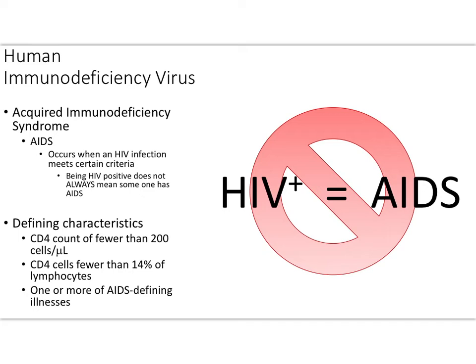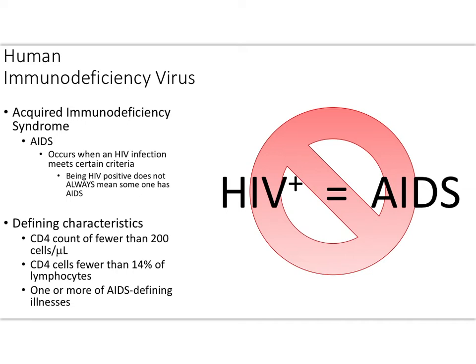But the AIDS-defining illnesses basically are conditions or diseases that people with intact immune systems don't tend to get because their body fights them off very easily. Certain types of AIDS-defining illnesses we'll actually cover in some of our future lectures, but certain types of fungal infections that most people usually do not get because their body's able to fight them off, or certain types of cancers, or certain types of helminthic infections that migrate to different parts of the body.